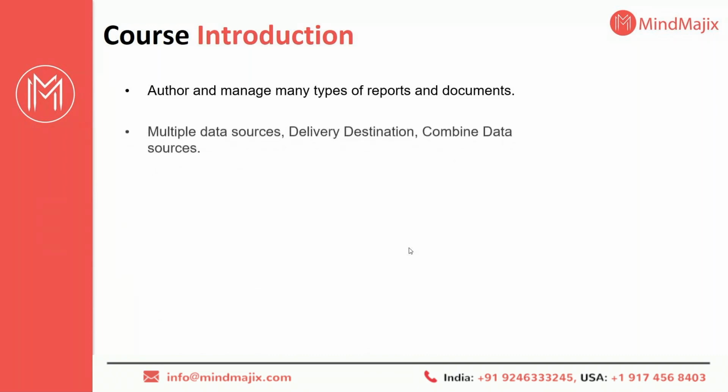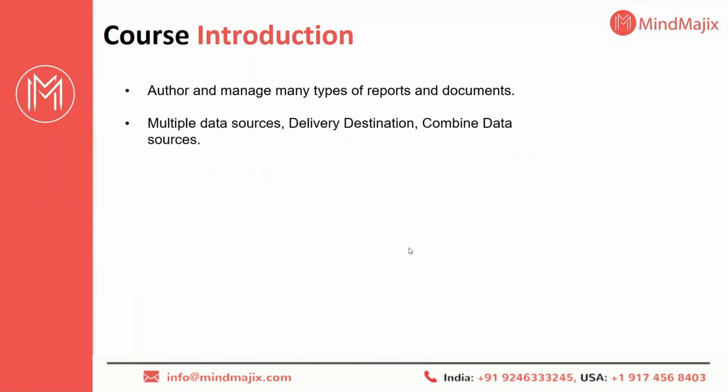Then the next, multiple data sources, delivery destination, combined data sources. We'll see how the data comes, whether it's from a single source or multiple sources. And once the report is ready, or once the report is run, where does that report need to go, whether it needs to be delivered as a mail, or as a file in a shared folder, or fed to some other sources.